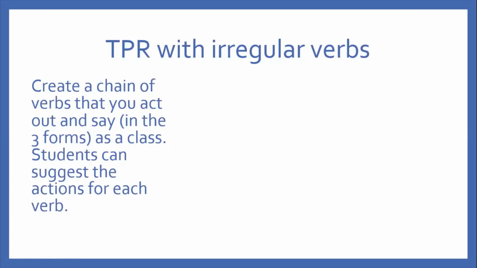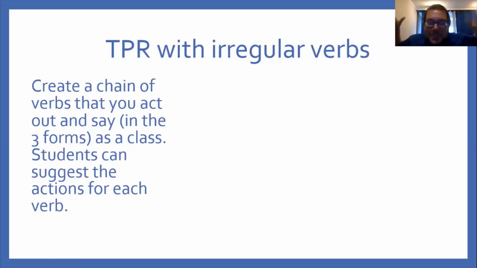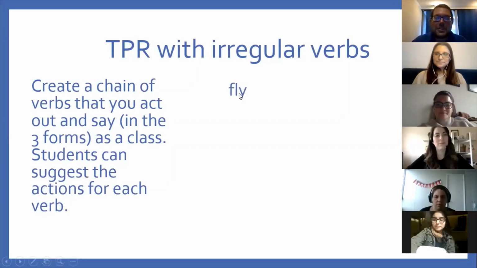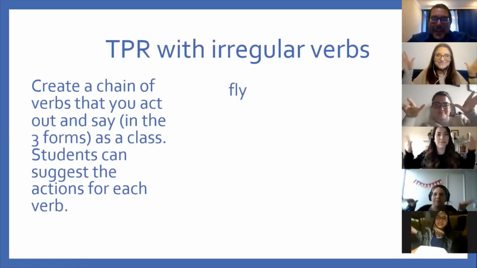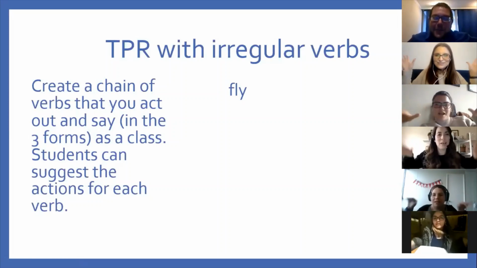So one thing we can do is get the students engaged in actually suggesting the actions for the verb, right? So to start out, I'm going to start with this verb. What verb is this? This is the verb fly, right? So what I need everyone to do, go ahead, wave your arms. Fly, flew, flown. Say that with me. Fly, flew, flown. Excellent, excellent.